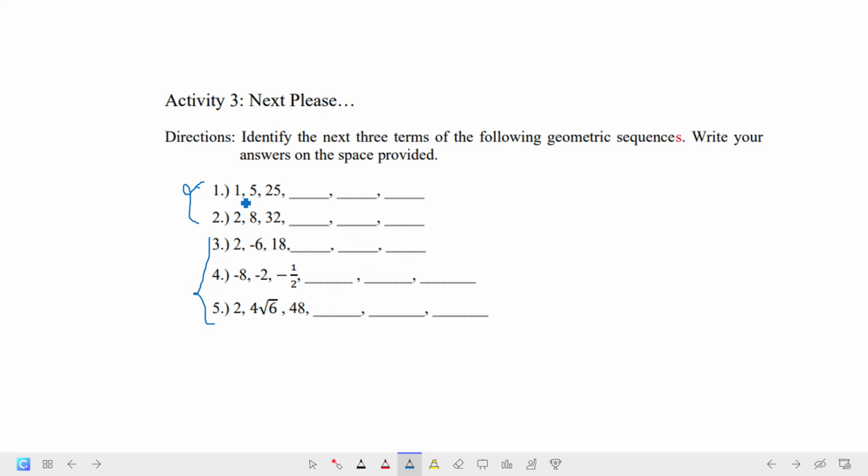Number 1, it is increasing. So meaning, if it is increasing, we multiply. What do we multiply? 1, 5, I guess 1 times 5, we will get 5, right? And 5 times 5, it's 25.